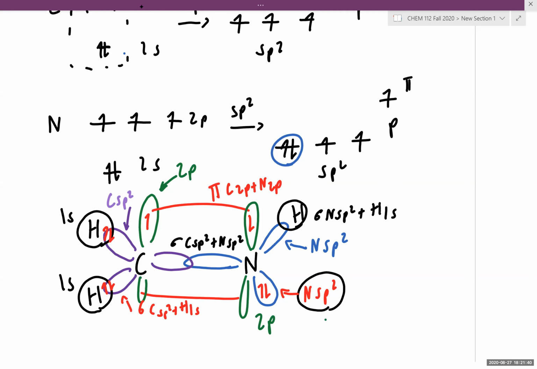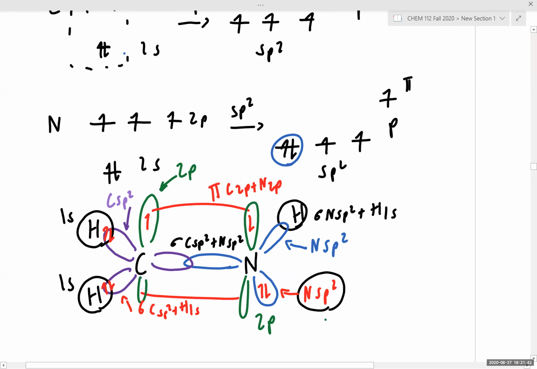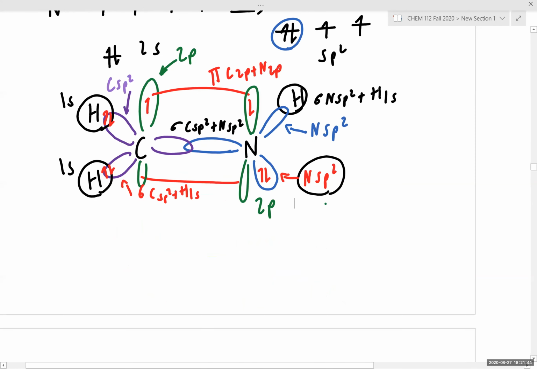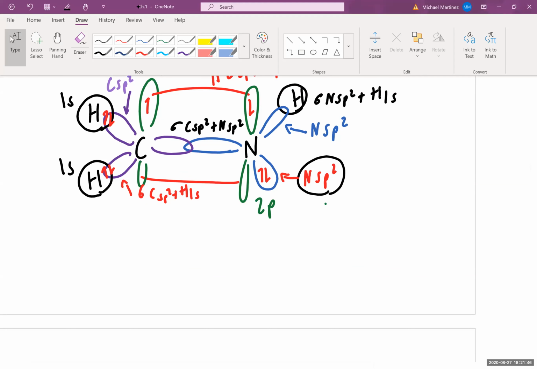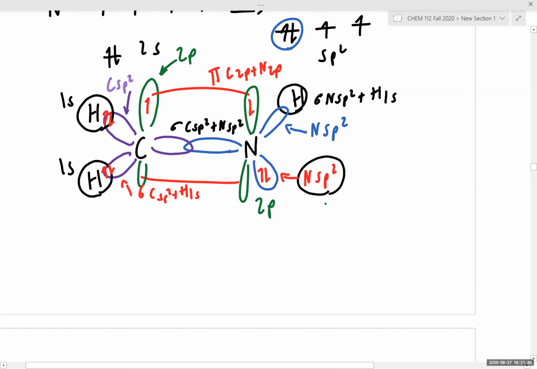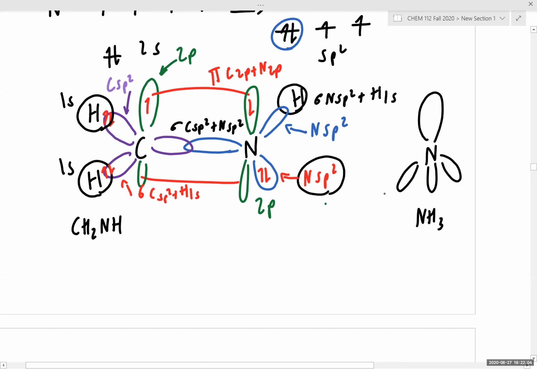Okay, so now for the payoff. And this is going to be really cool. If we compare this molecule, which is CH2NH, to something like ammonia, I'm just going to draw ammonia's orbital picture really quickly.